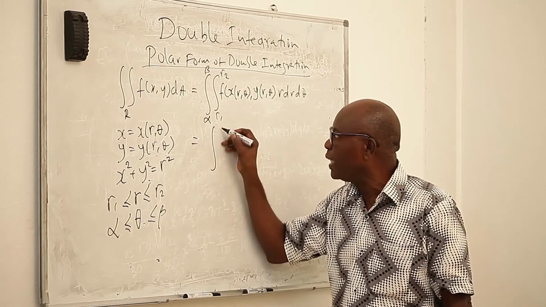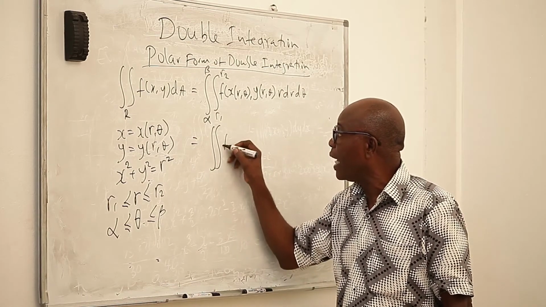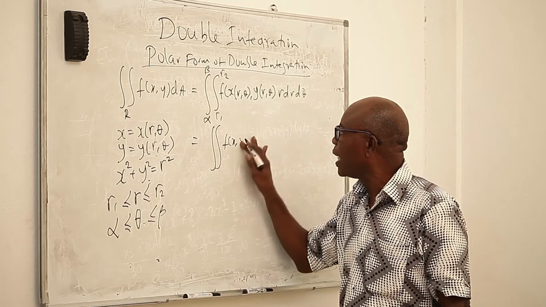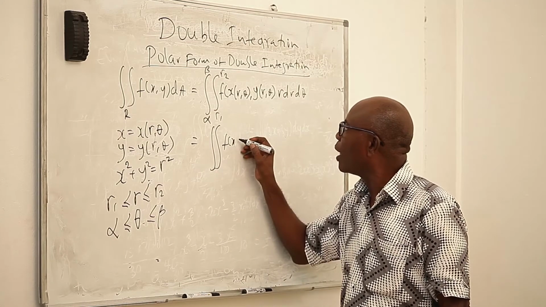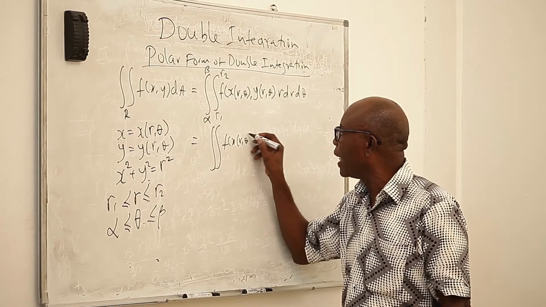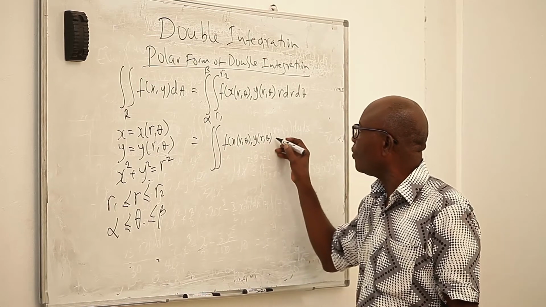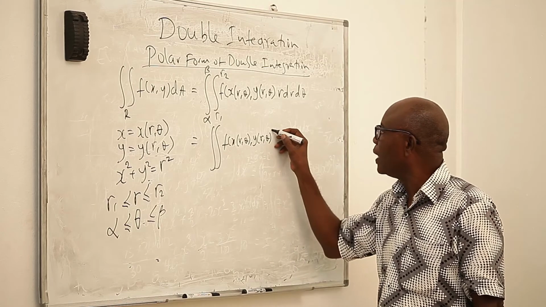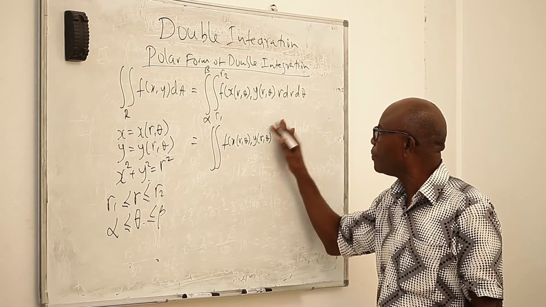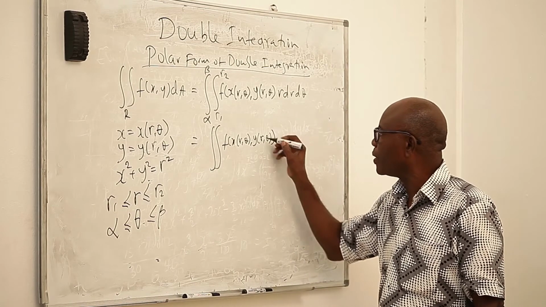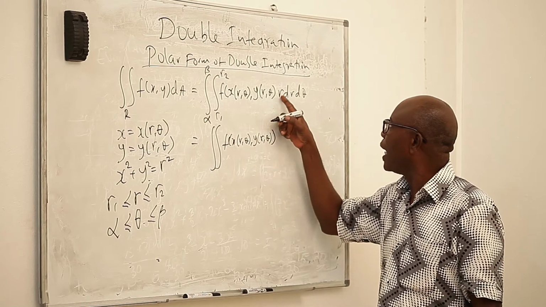So we can formulate the iterated integral of f, where x is a function of r and theta and y is a function of r and theta, with r dr d theta.